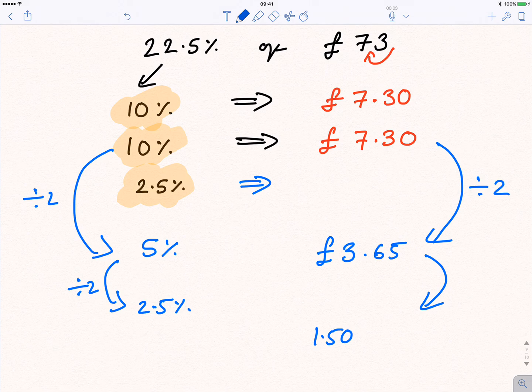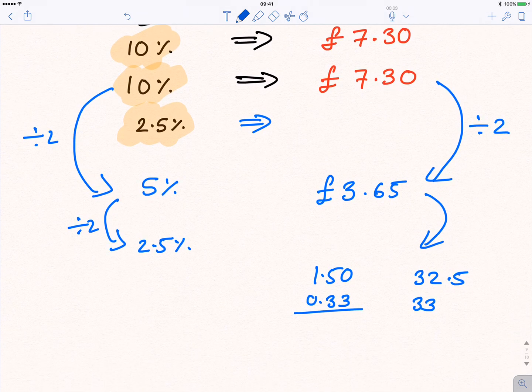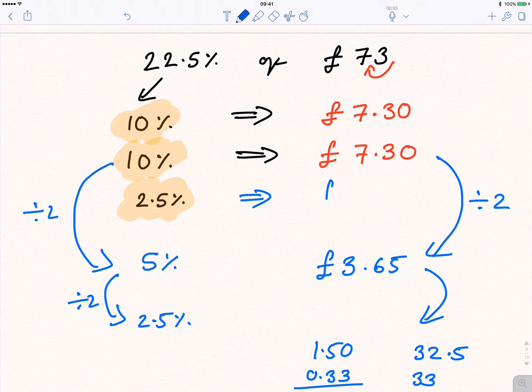So what we need to do is round it. 65 divided by 2 is 32.5, and 32.5 rounded to the nearest pence will be 33p. So that's £1.50 plus the 33 pence, which becomes £1.83. So your 2.5% is £1.83.